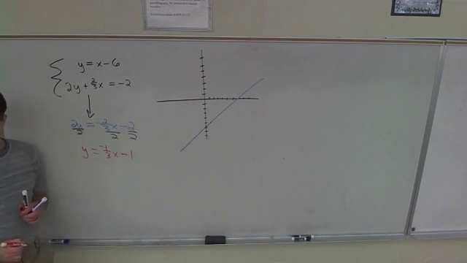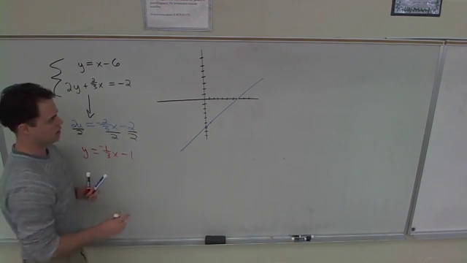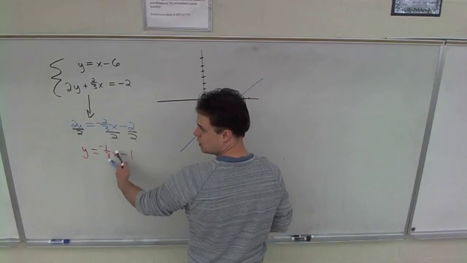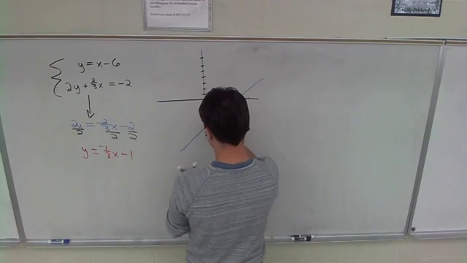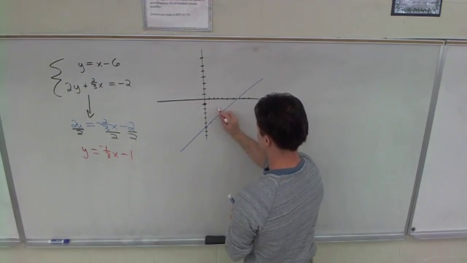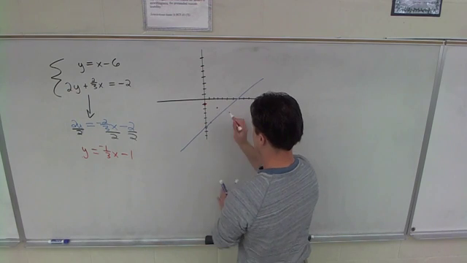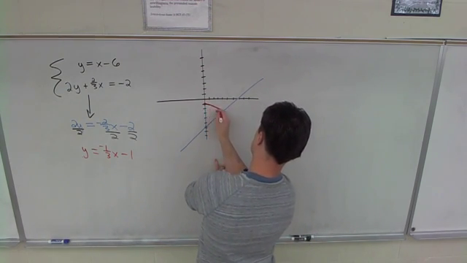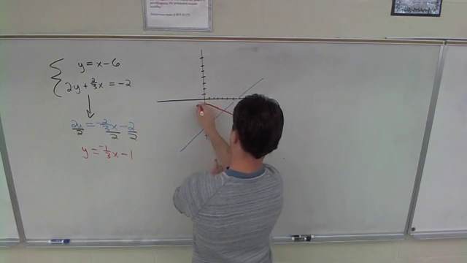It's just 1. Okay, so this line is going to look like a y-intercept at negative 1, and the slope says down 1 and over 3, so we'll go down 1 and over 3, something about right there. See if I can draw it straight. I'm not trusting this line.